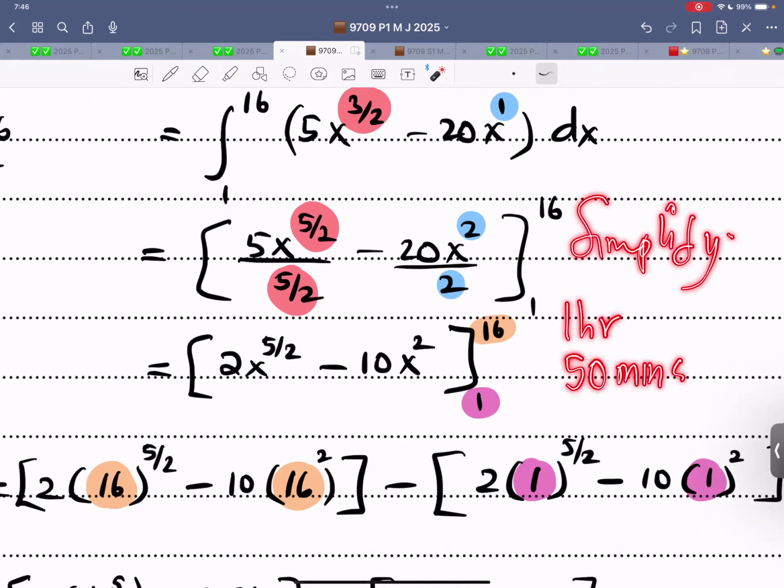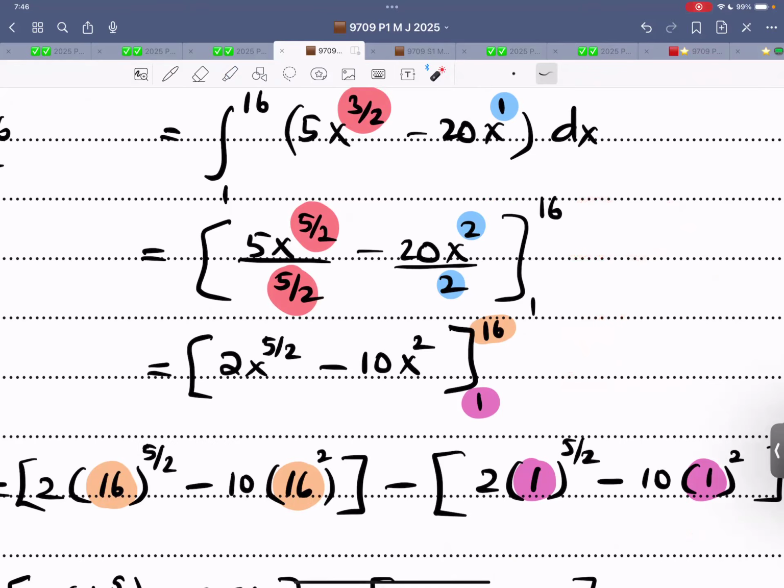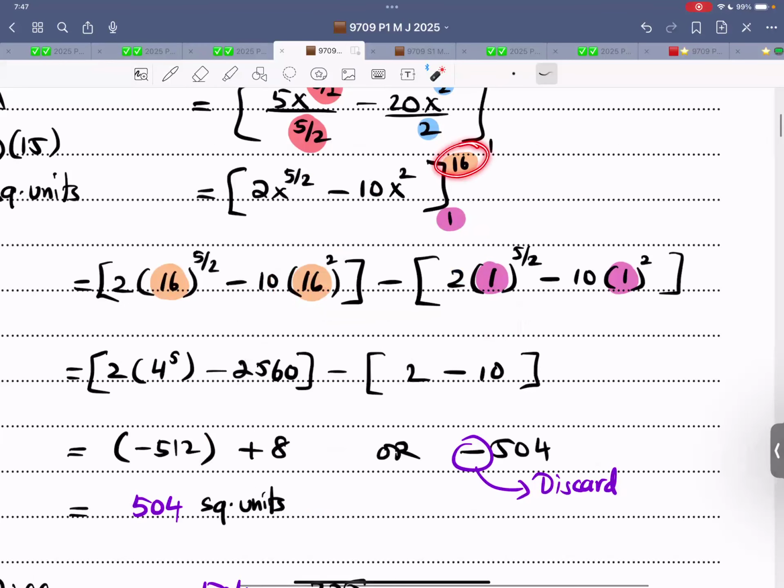Believe me, that's a lot of time. Of course, I'm talking very slowly, so I'm not asking you to do at my pace. This is for the lecture purposes. For your pace, if you think very comfortably, do each step after thinking, you are all set. So this is integration, simplification, then plug in the value. So this is the upper limit, you plug, you plug. This is the lower limit, you plug and plug.